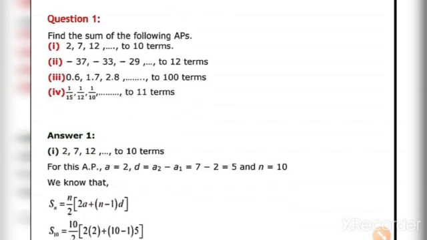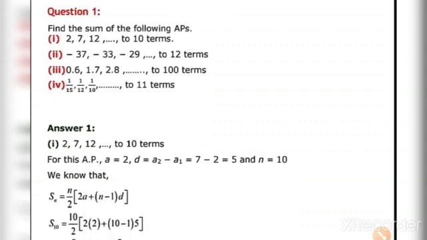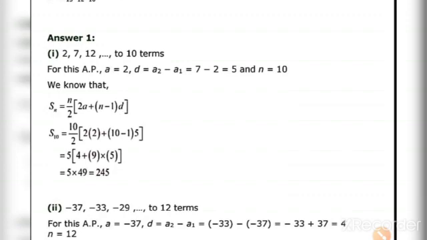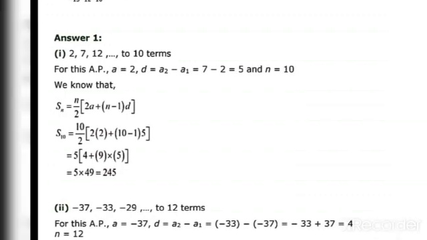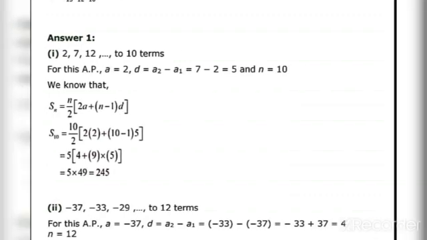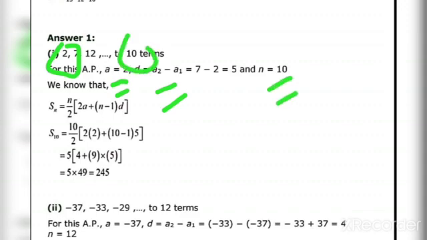So they give us 10 terms. First of all, we have to focus on a is equal to 2, because our first term is 2. Then d is equal to 7 minus 2, because second term minus first term is our difference, and n is equal to 10, which is given in the question.